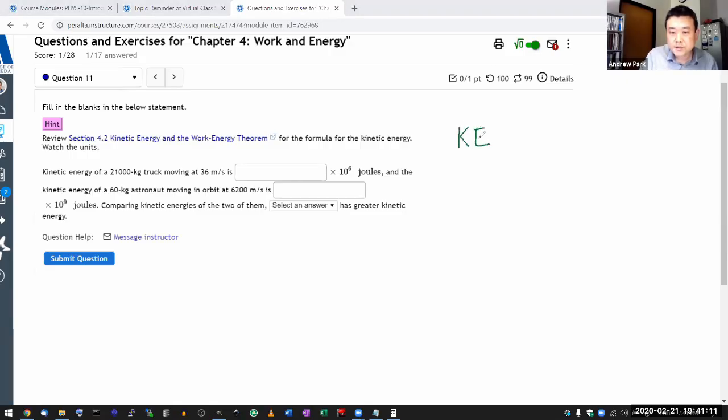Kinetic energy is equal to 1/2 times mass times speed squared. So for each of these scenarios, you are given all the numbers. You are given the mass, you are given the speed, so you just plug in the numbers. The one thing you might have to watch out for is the power of 10. So let me watch out for that.